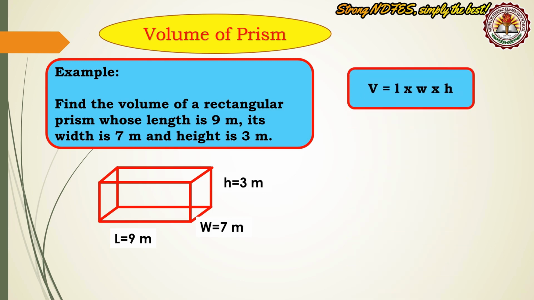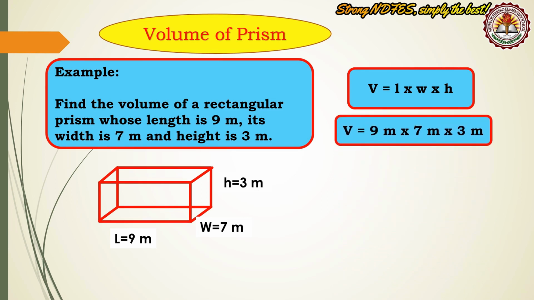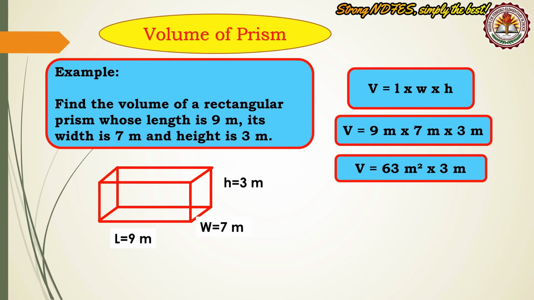Using the formula in finding the volume of a prism, volume equals length times width times height, we substitute the formula with the given dimensions. So, volume equals 9 meters times 7 meters times 3 meters.